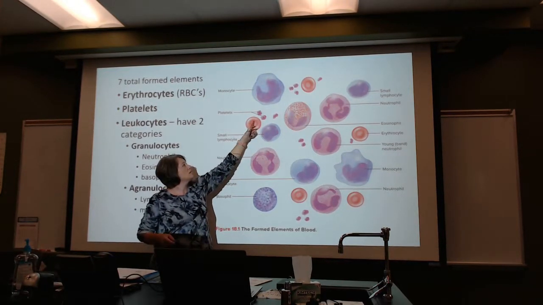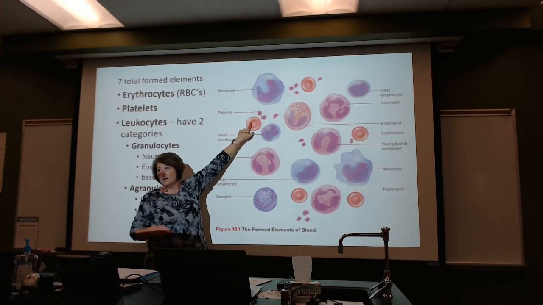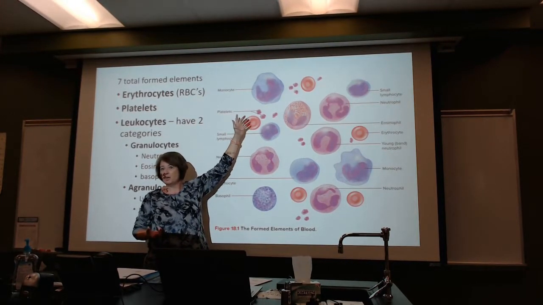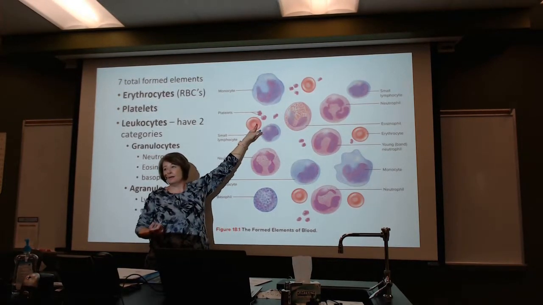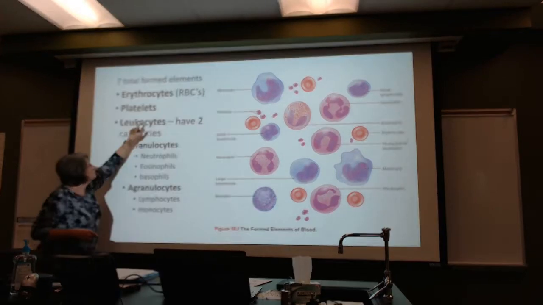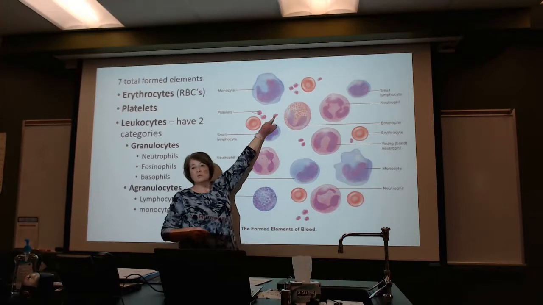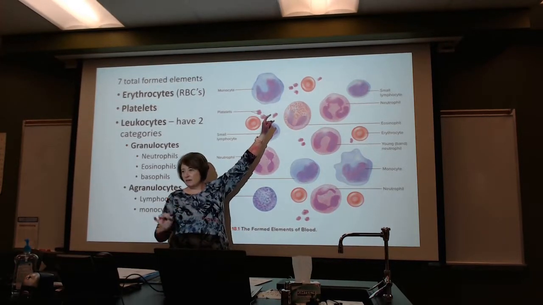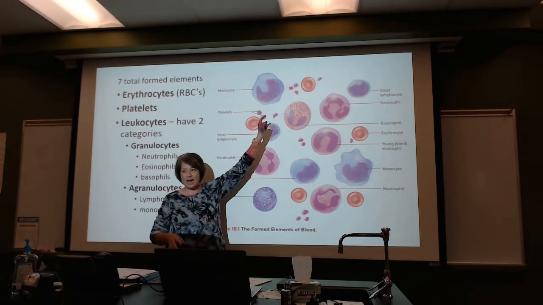See how it looks like they're trying to show it dipping in the middle? Okay? Almost looks like a donut. All right? This is considered biconcave. So I've got my red blood cells. I've got my platelets, which are not a complete cell. They are simply a fragment.